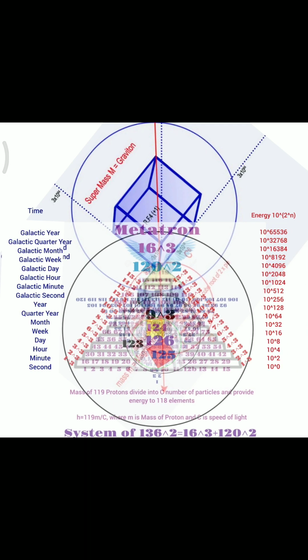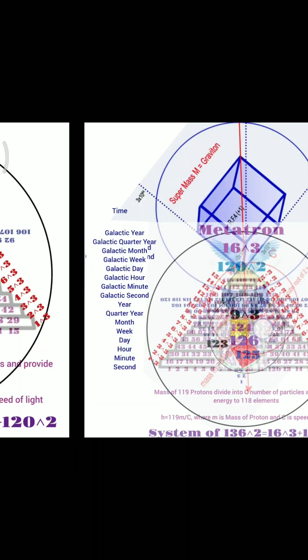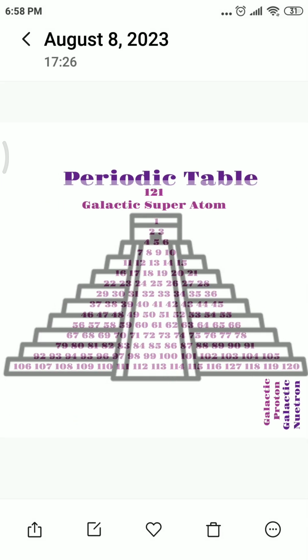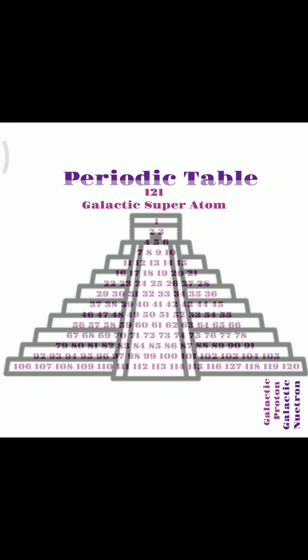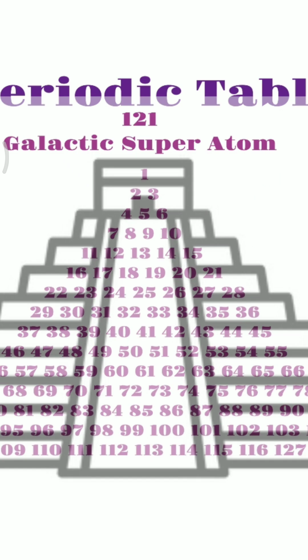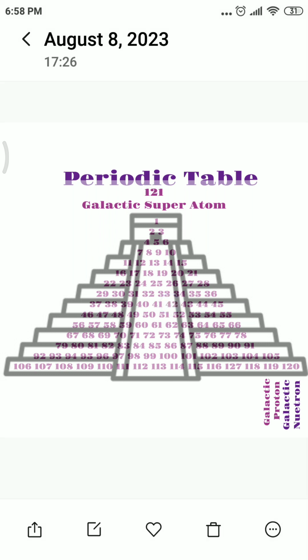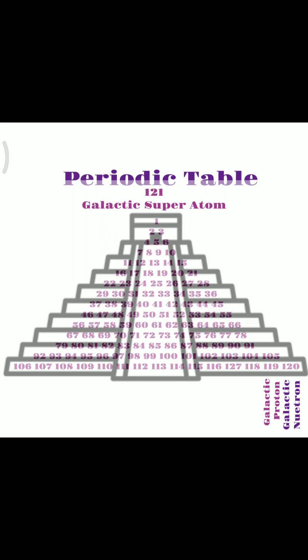So 120 squared, and 120 elements we have, as we have seen, and I'll have to explain one more thing here. 121, the element 121, is a galactic superatom. That is the least atom of the galactic sun, the next world, galaxy, let's say.